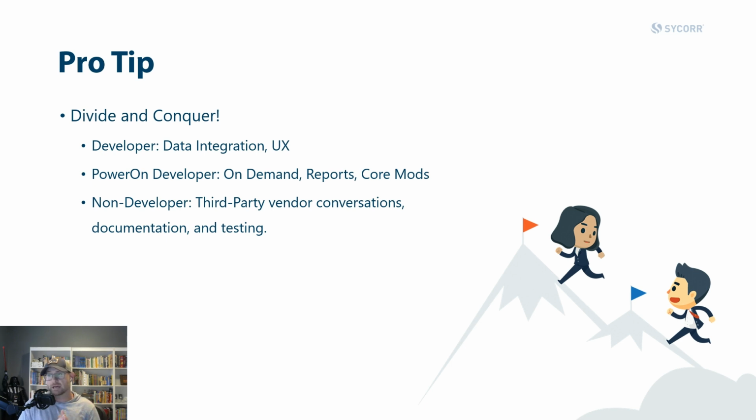You'll have some people who are full stack developers, some people that are only Power On developers, and some people that aren't even developers of either kind in that group. And you're going to have to figure out, without exhausting one or two people, how to organize and build an application in a very rapid way.